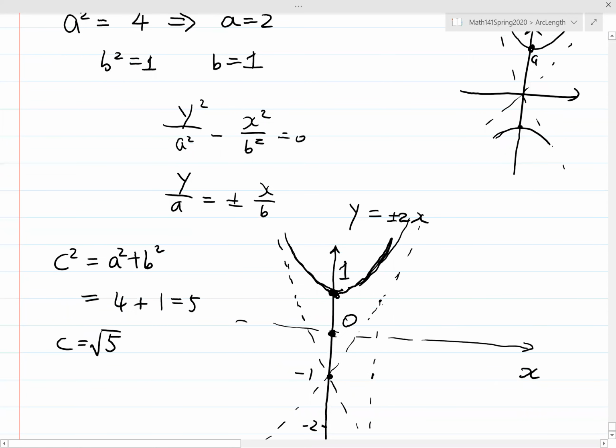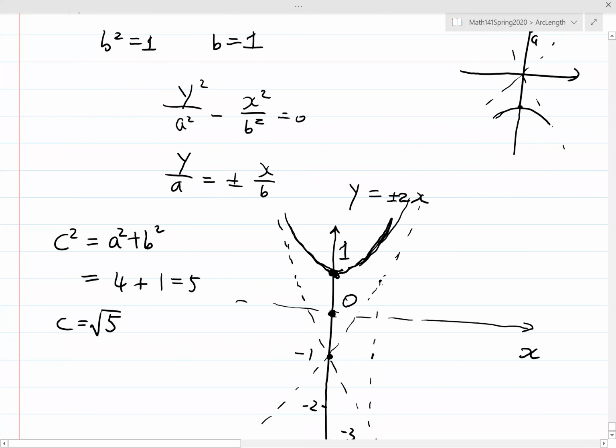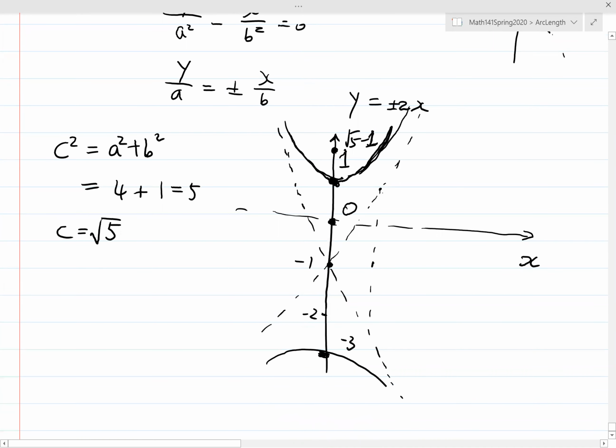Now, we should subtract 1 from root 5. So the foci will be here, root 5 minus 1, and the other one, negative root 5 minus 1, translated downward by 1.